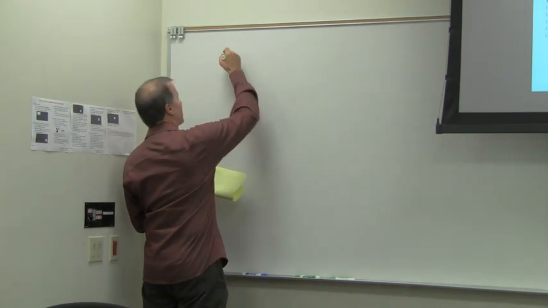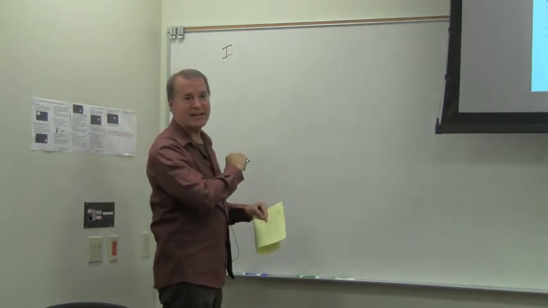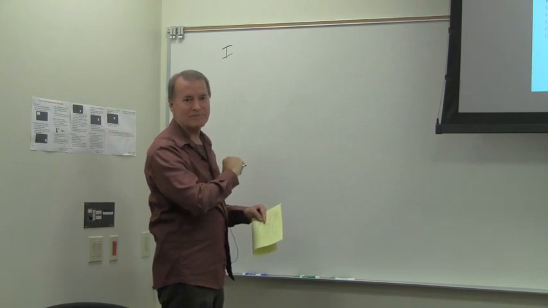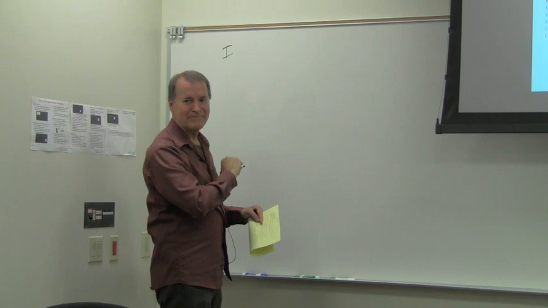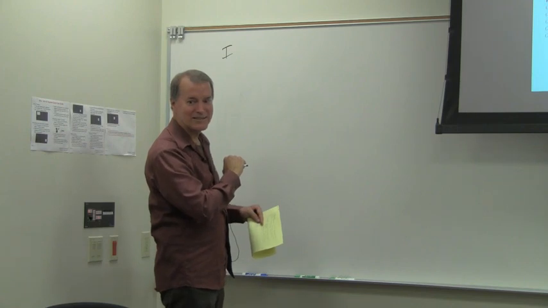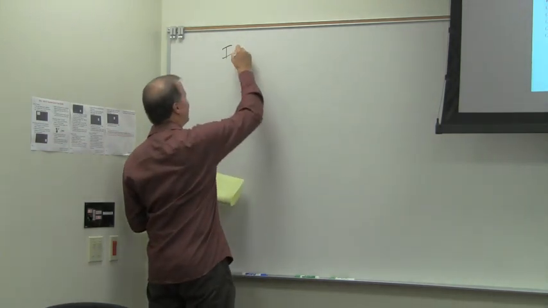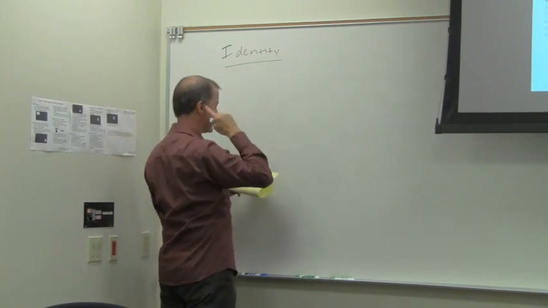Now, this next one, 3.3, is an illustration of the concept of identity. Have you guys ever heard of the identity element? What is your true identity? The concept of an identity.